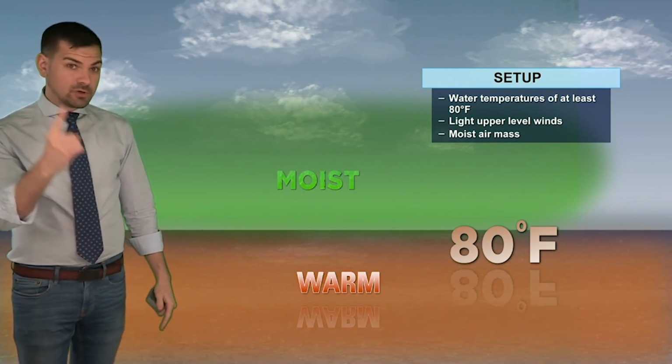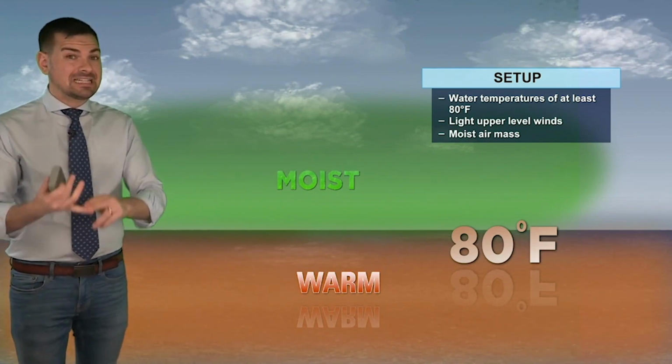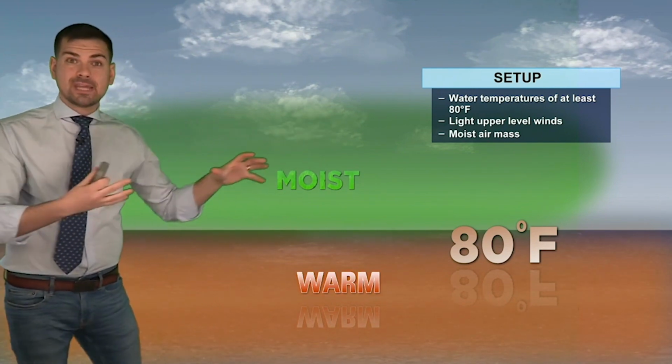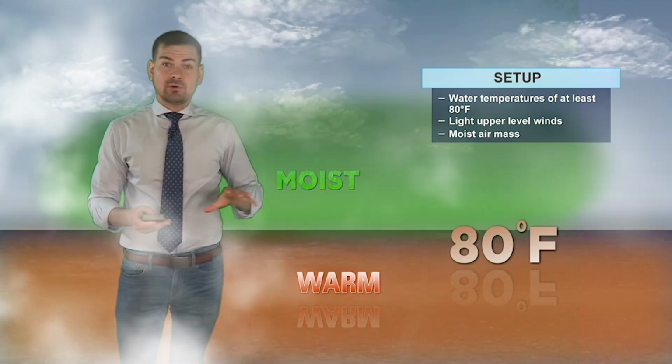The first and most important factor is the warm water. You're looking at temperatures of at least 80 degrees Fahrenheit. Above that, a soupy, moist air mass is needed for the development of clouds and thunderstorms, and above that, light upper level winds.